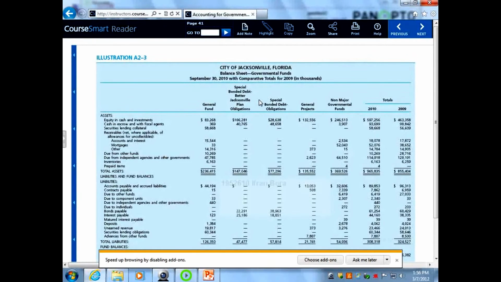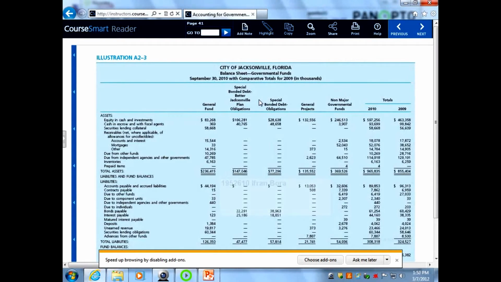Not statement of net assets, balance sheet, governmental funds. Okay, so now you look at the assets. What happened to the capital assets? You don't see them. They were there before in the other statement. Remember the focus? No capital assets.